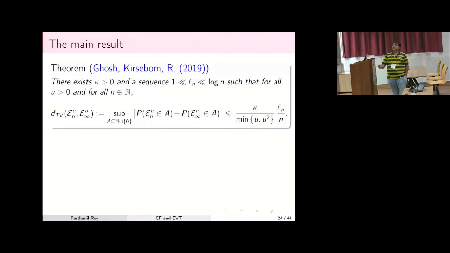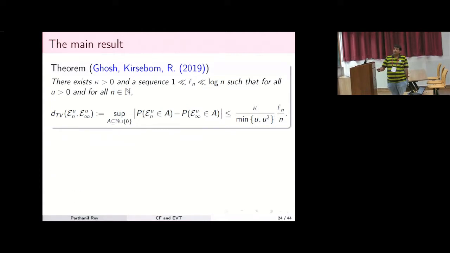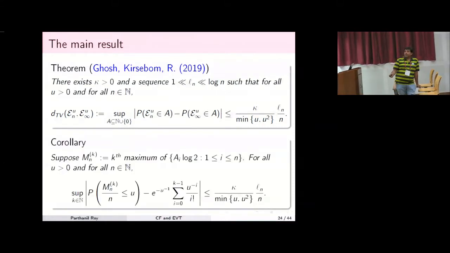And of course, dependence on u is also there, which basically means that if you take any interval which is bounded away from 0, this bound is locally uniform. Okay? Anyway, so if you look at the kth maximum among the first n digits, suitably scaled, then you can show that this supremum converges, not difficult.